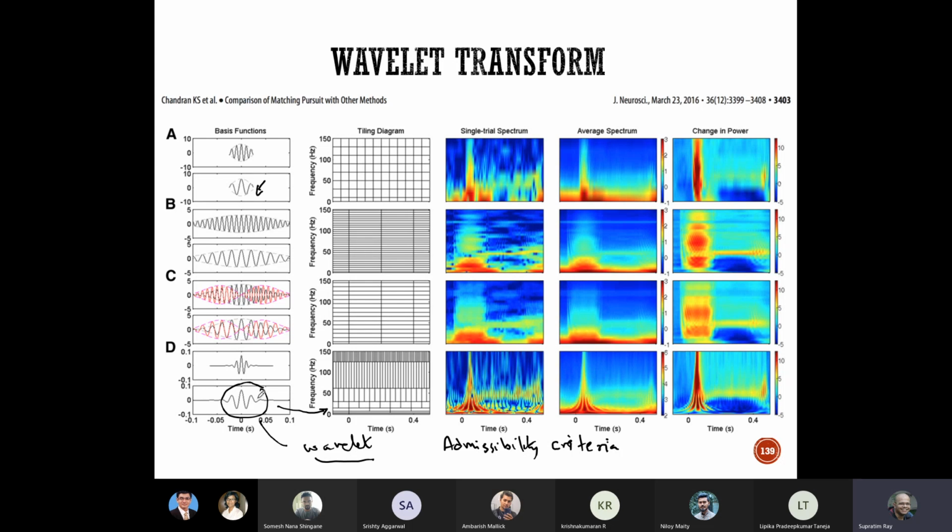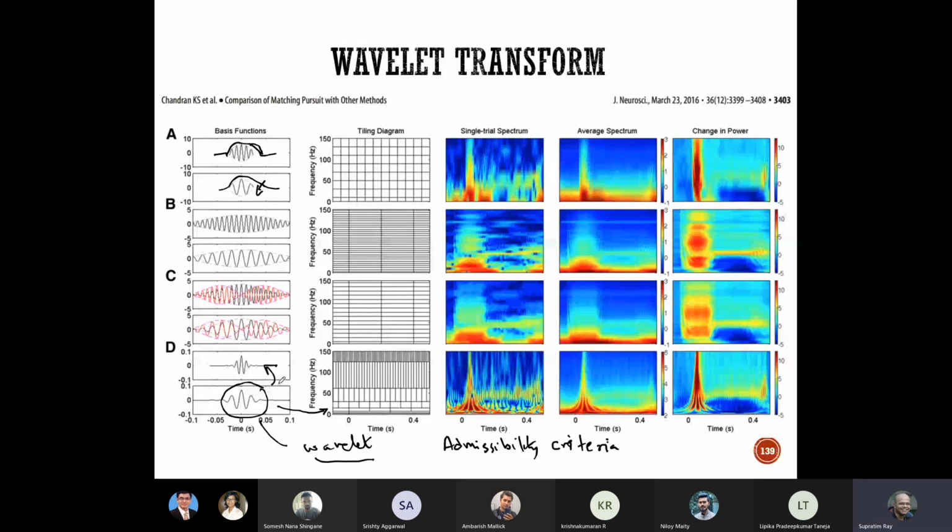Now, what happens if I squish this function by a factor of 2? This is from short time Fourier transform in which this envelope never changes. It's the same envelope applied to a low frequency as well as high frequency. Here, this is an oscillating function which I have squished by a factor of 2.